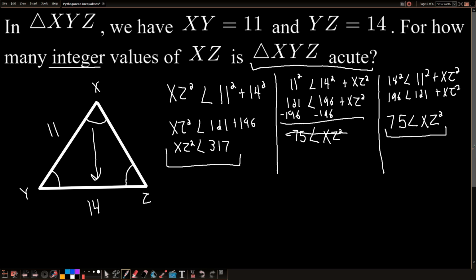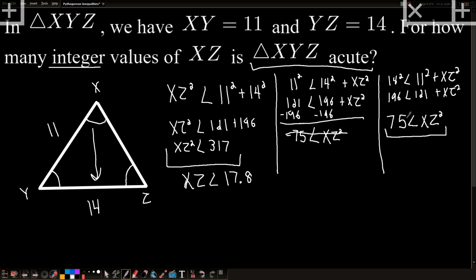Well, by taking the square root on both sides, we have that XZ is less than the square root of 317, well, that's about 17.8, somewhere around there. And the square root of 75 is somewhere less than 9, but greater than 8.